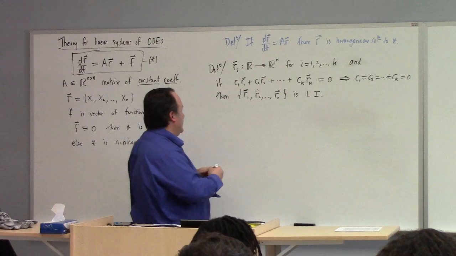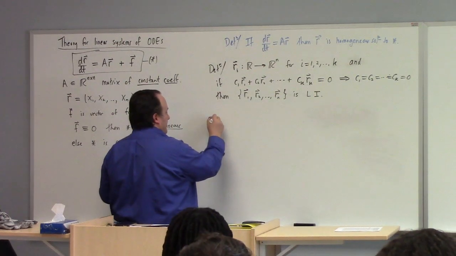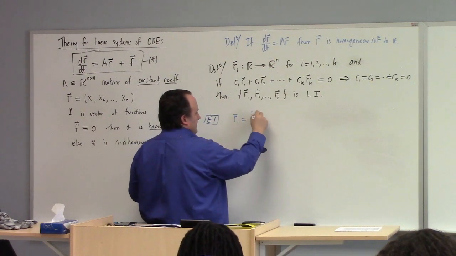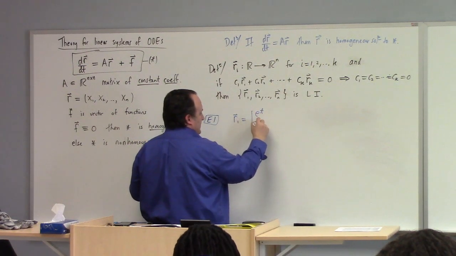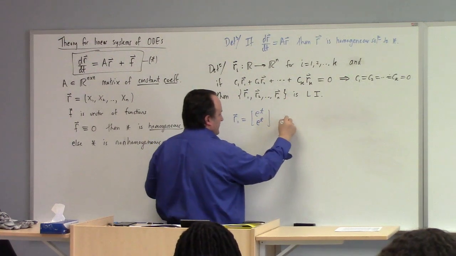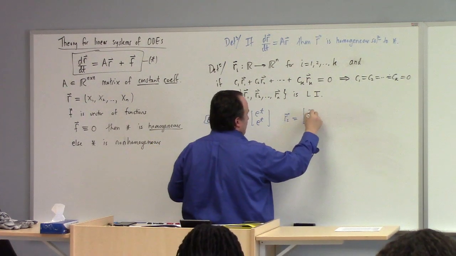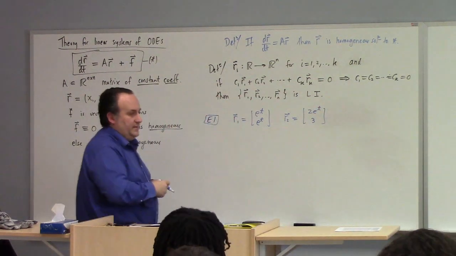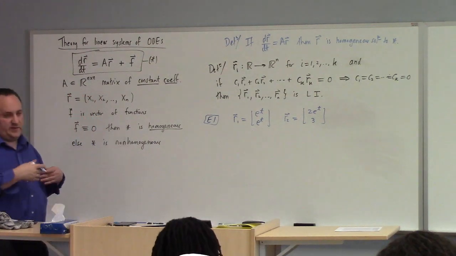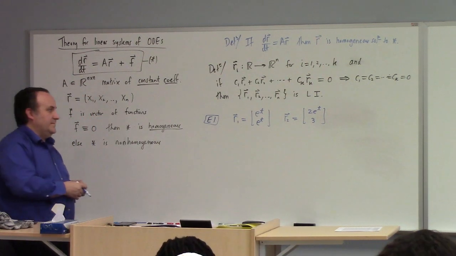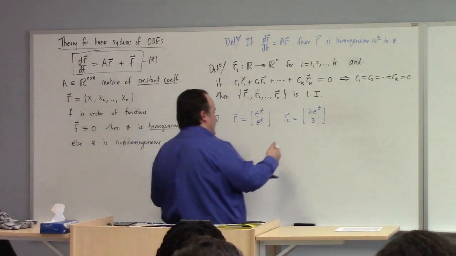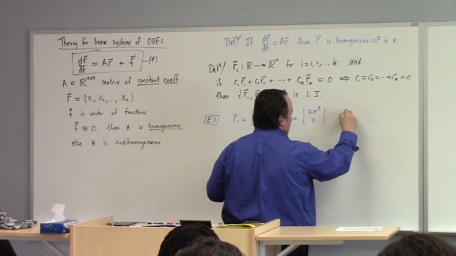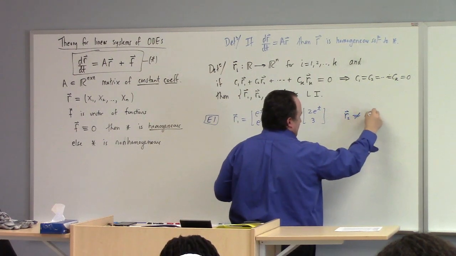All right, so let me give you an example, just so it's a little bit less opaque. I could have R1 is like e^t, e^t, and I could have R2 is like 2e^t and 3. These two functions, really vectors of functions, are not linearly dependent. It's pretty clear that R2 is not equal to a constant times R1, right?